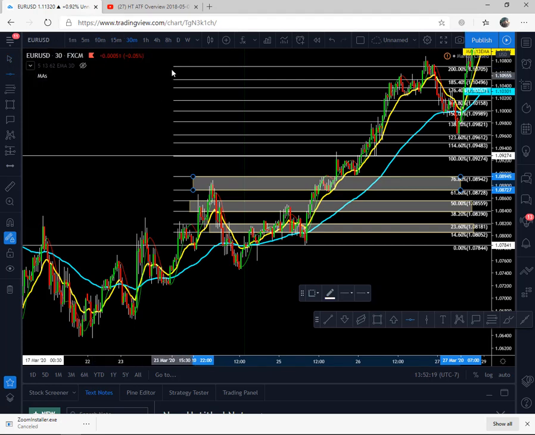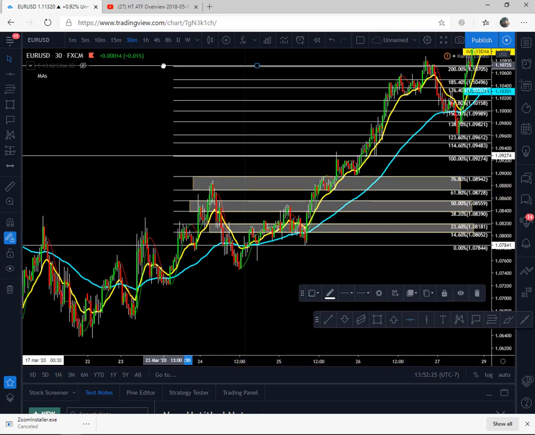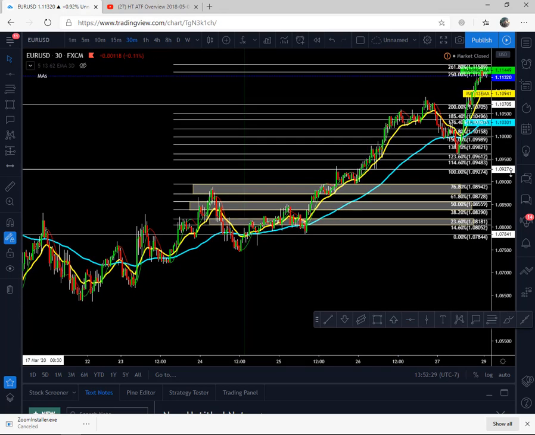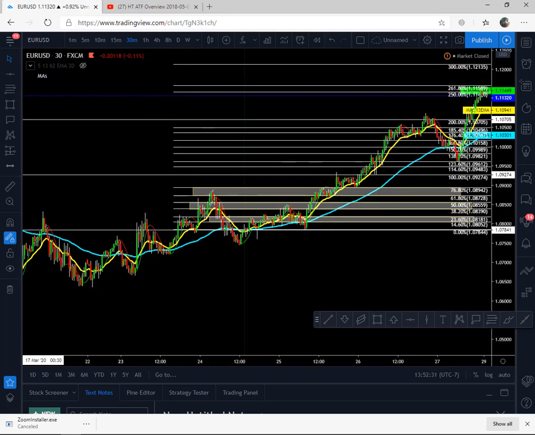I will also draw another horizontal line at the 200 fifth retracement and on the 300, just in case price goes up here.